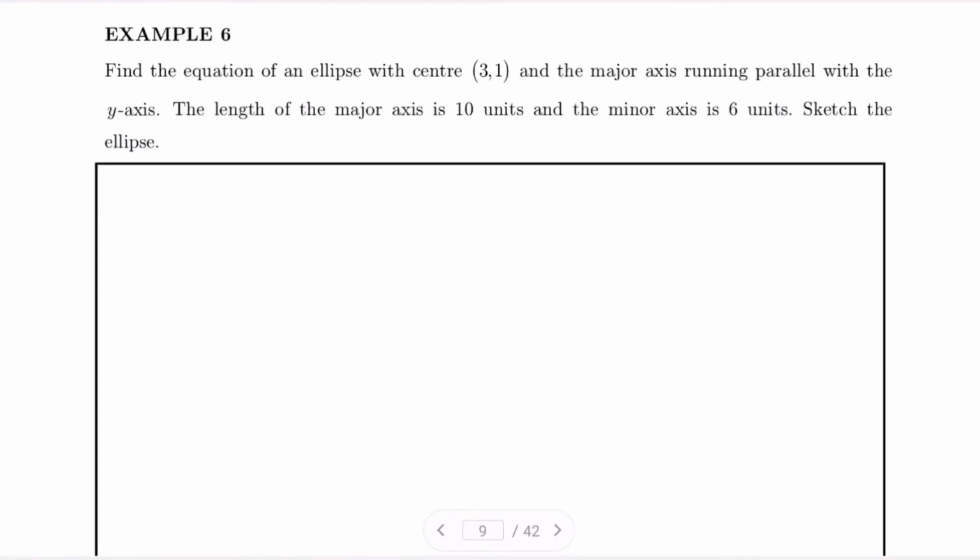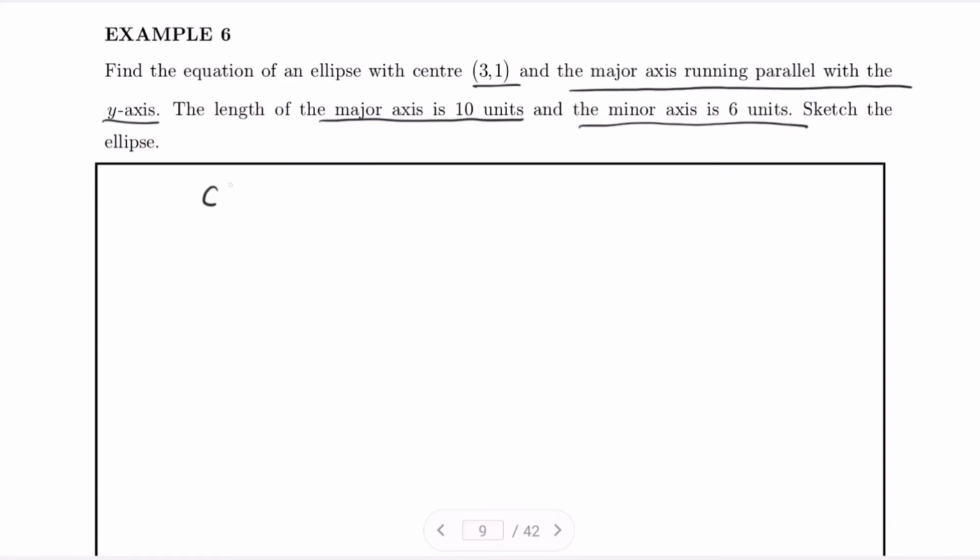Let's do example 6. You need to find an equation of an ellipse with center 3, 1 and the major axis running parallel with the y-axis. This is very important information. It also gives you that the length of the major axis is 10 units and the minor axis is 6 units, and then you need to sketch the graph.